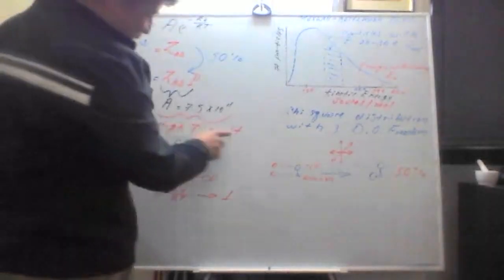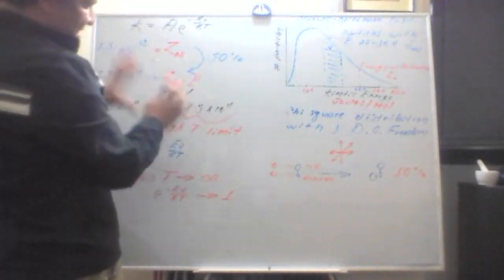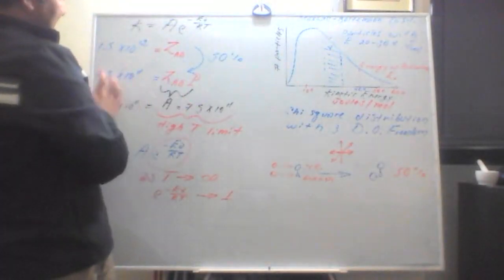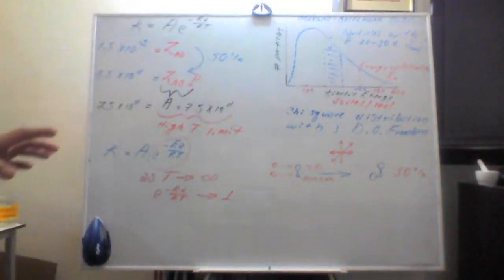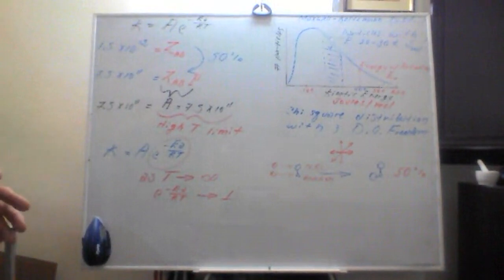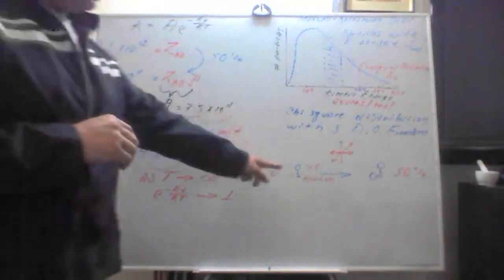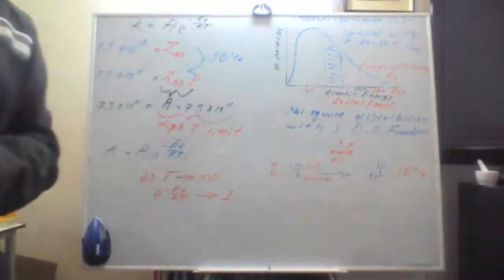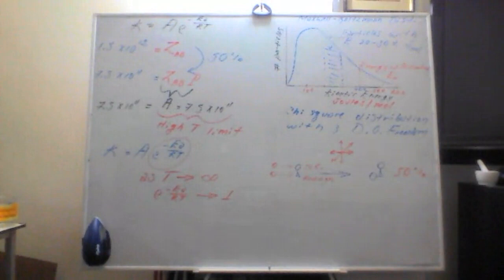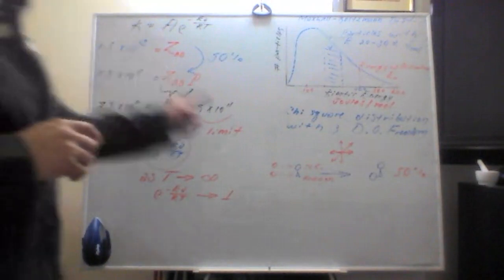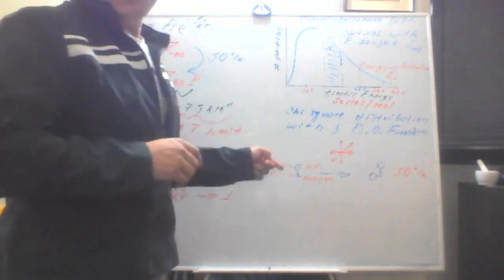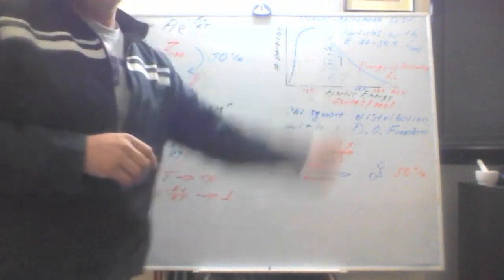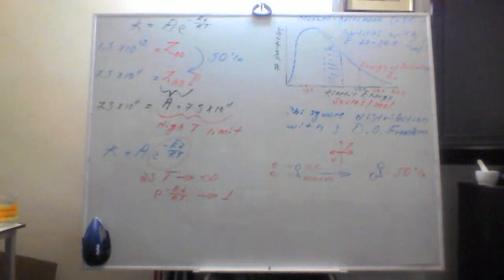So in the high temperature limit, whatever you got here stays. The reaction rate is still 7.5 times 10 to the 11 based on the collision number and the static factors. And that will mean every single molecule that collides in the correct orientation is going to result in a product. Every single one of those molecules contains an energy that is equal to or greater than the energy of activation. That will be in the high temperature limit.